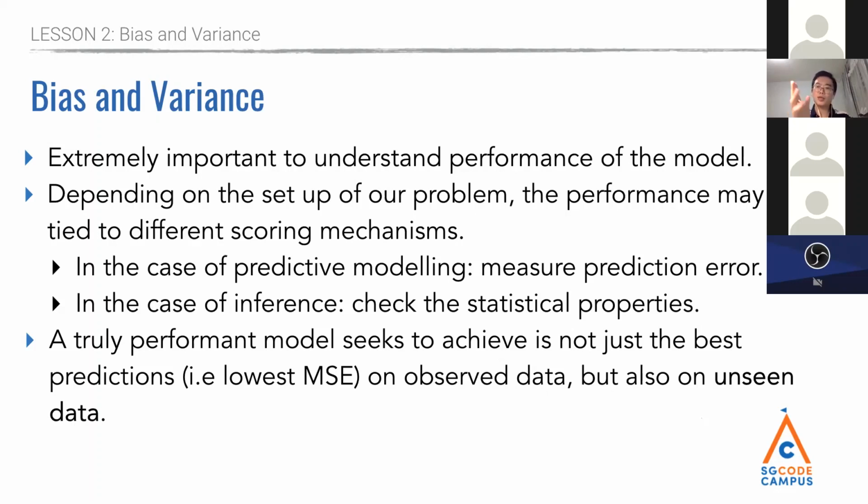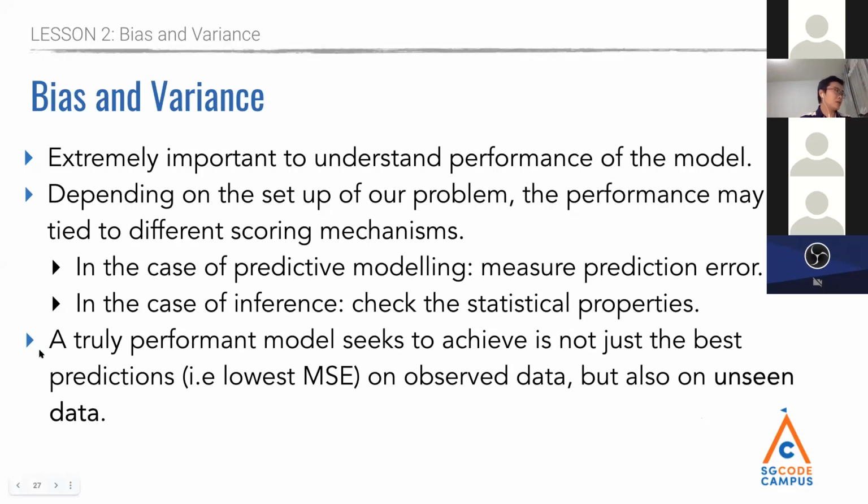But when you are testing your model on another data set, the model is not doing as well as on the training data set. So bias is a measure of your model error on the training data set. Variance is a measure of your model's predictive performance on another data set.